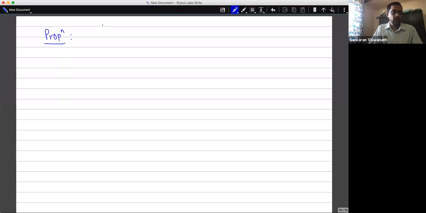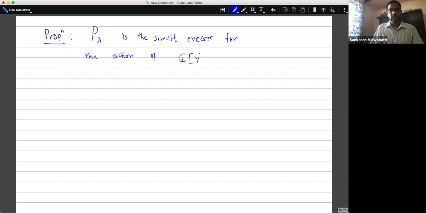You can think of the P_λ like this. P_λ is the simultaneous eigenvector for the action not of the Y's themselves, but of all Laurent polynomials in the Y's which are invariant under S_n.